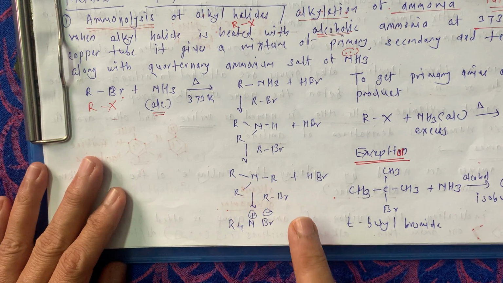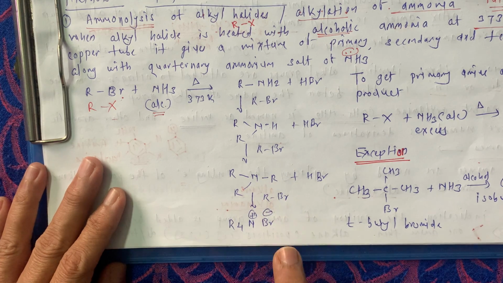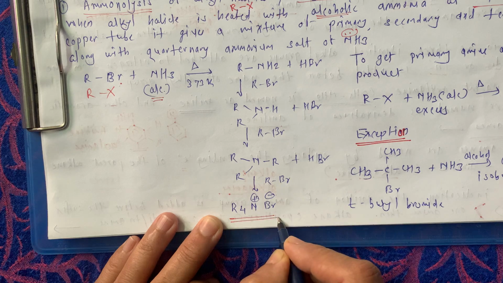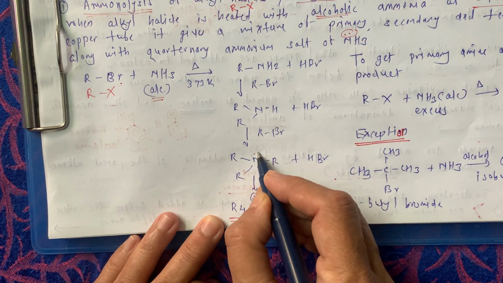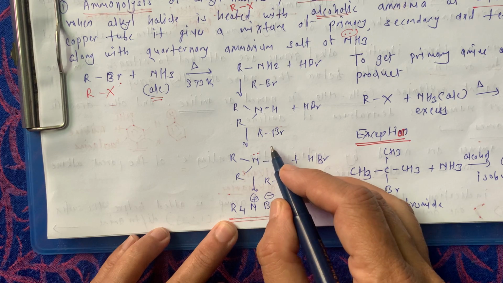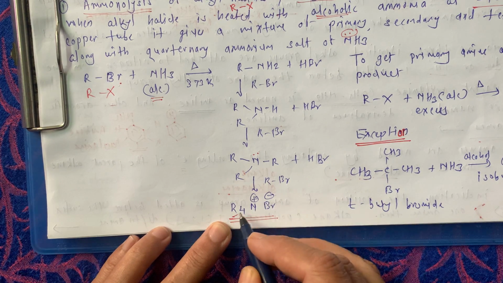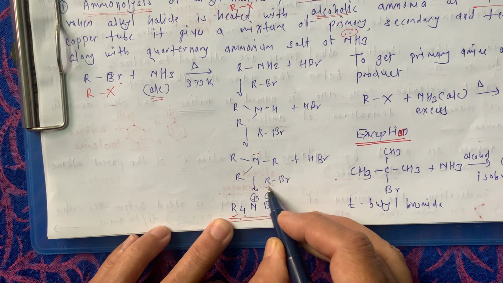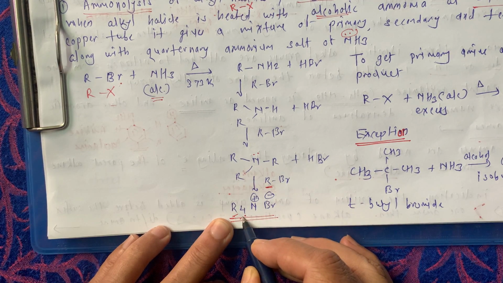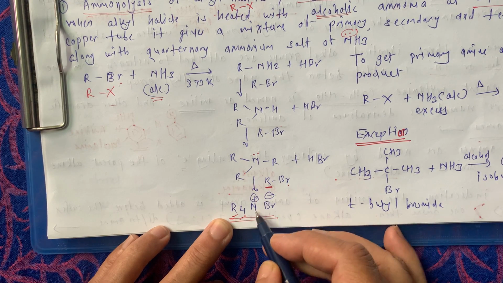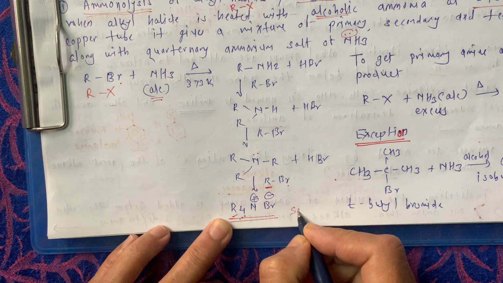Still the reaction continues and gives the quaternary ammonium salt. The lone pair of electrons from this nitrogen also forms a bond with one more R, so that is R4, and it carries a positive charge, while bromine carries the negative charge. This is our quaternary salt.